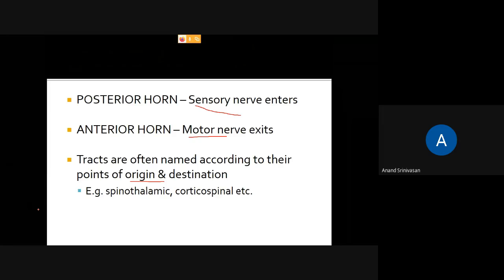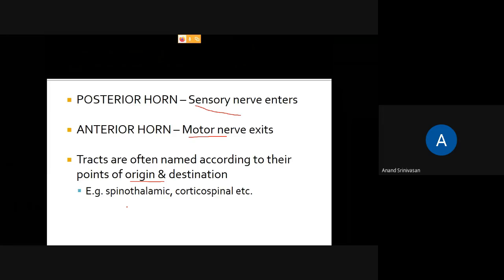For example, spinothalamic: a group of nerve fibers which travel from the spinal cord to a place called thalamus in the brain. We will see about the thalamus in our next class. This group of fibers is called the spinothalamic tract.